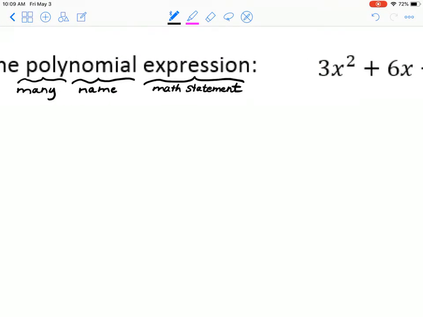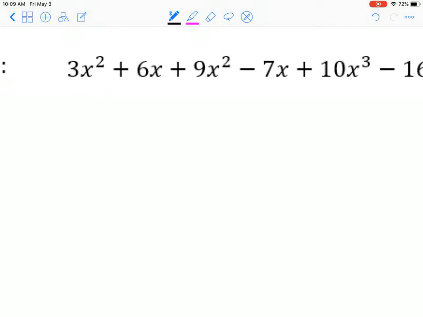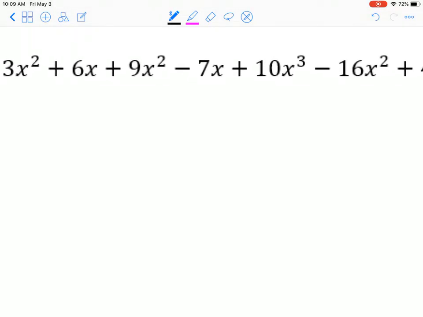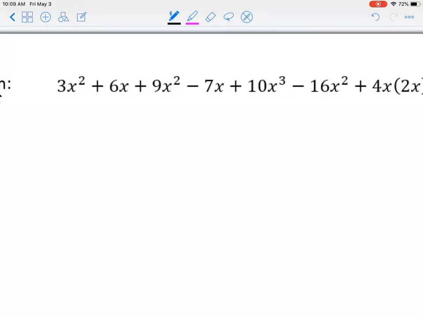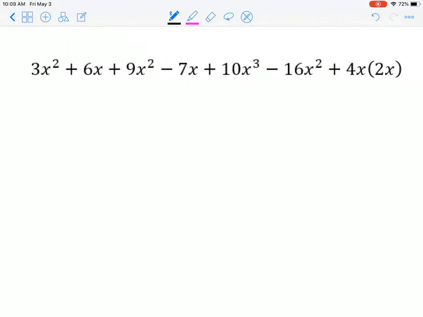Okay, let's look at the actual problem that we have to solve. And I'm going to have to shrink that down just a little bit to get it on the screen. I want you to study this expression and ask yourself which piece of it looks different. Which piece of this expression looks different than the others?